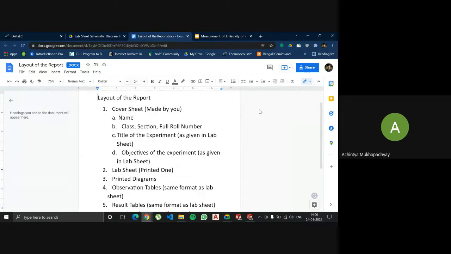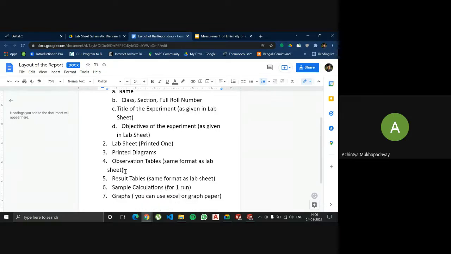Only the observation table you have to make by hand, and put in the results that I will send you, and also the calculation tables.